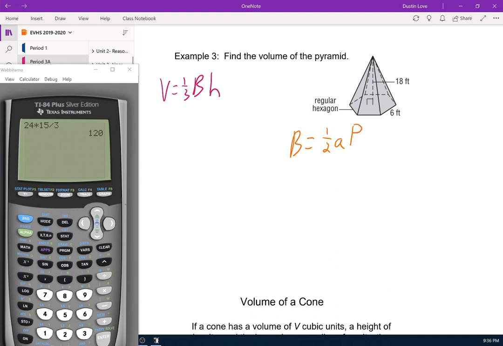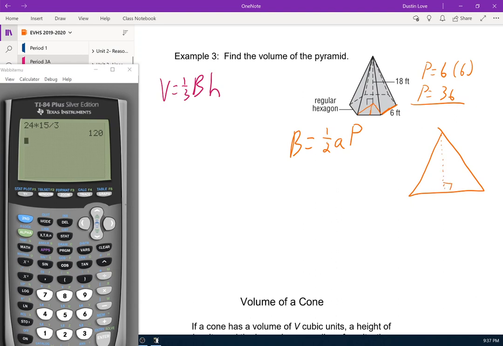Well, I know it's a regular hexagon, so the perimeter is just going to be the length of the side times the number of sides. So it's 6 feet times 6 sides, so the perimeter equals 36. Okay, good. Now, let's talk about one of these central triangles, because I need that apothem right there. Well, I'm going to draw this a little bit bigger.